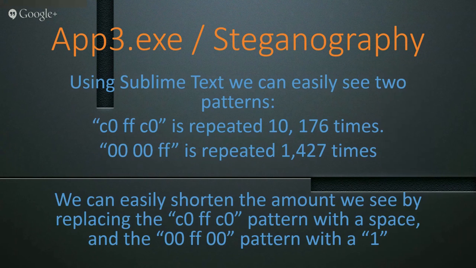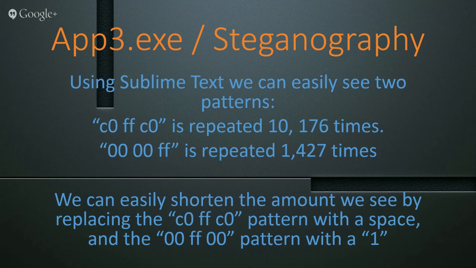Well, we can throw it in a text editor called Sublime Text. Sublime Text, in my opinion, is one of the most powerful text editors out there. It is fantastic to use. Using Sublime Text, we can see that C0FFC0 is repeated over 10,000 times, and the 00FF is repeated almost 1,500 times.